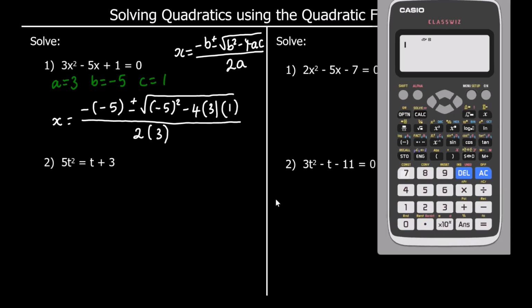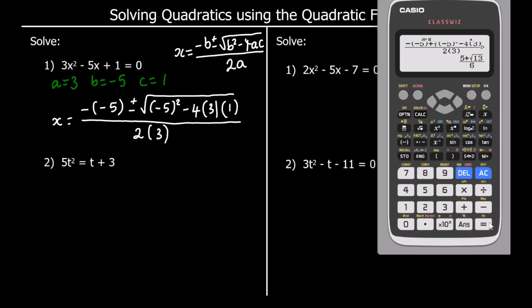So let's grab a calculator. I'm going to press the fraction button first, and then minus, bracket, minus 5, plus the square root, negative 5 squared, minus 4 times 3 times 1, all over 2 times 3.